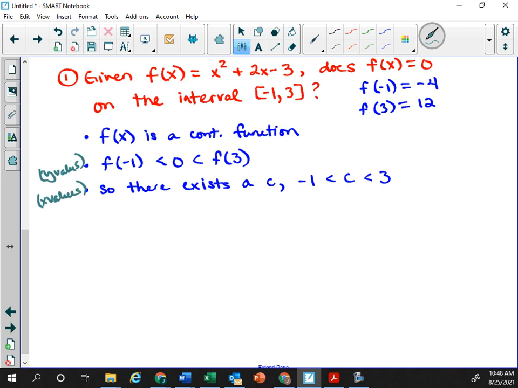Okay. All right, fourth one, such that f of C equals 0. And your last one is by the IVT.